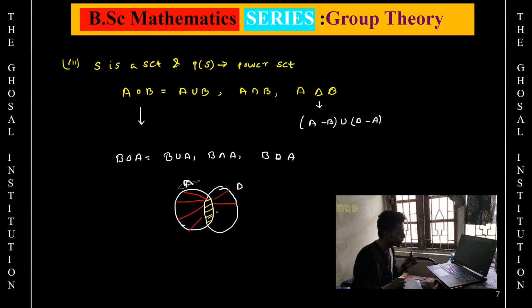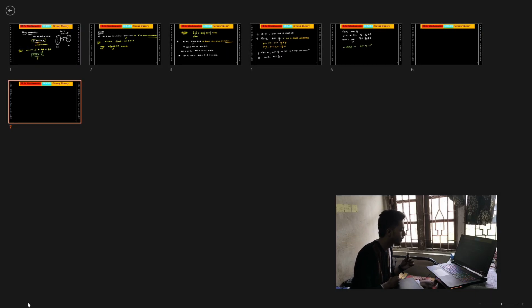This red portion is your symmetric difference, A minus B union B minus A, or B minus A union A minus B. Both are the same thing, so this also gives the same answer. And the union is the whole thing. So there is no difference. So it is commutative.